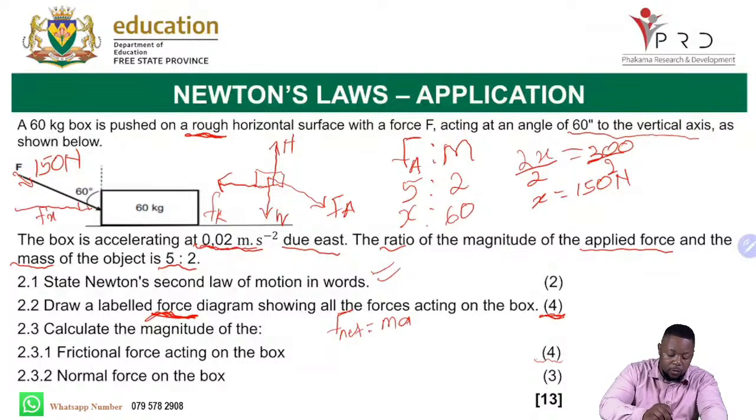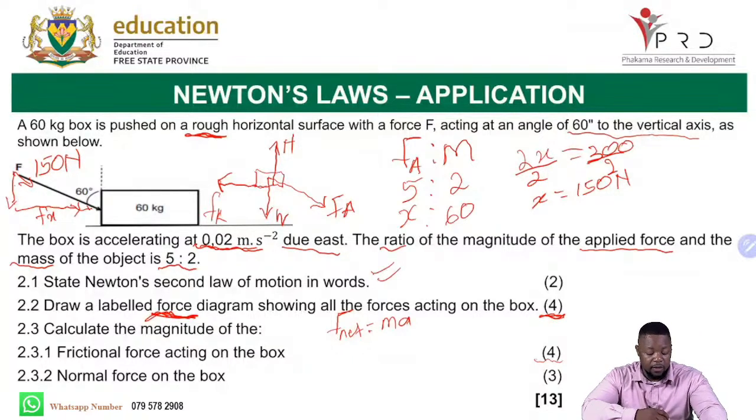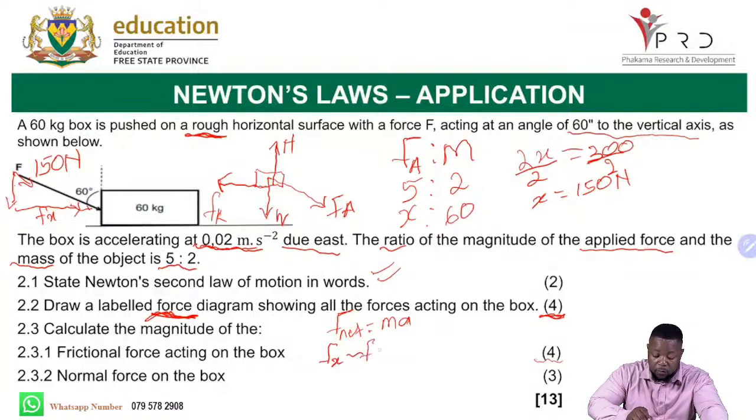The horizontal component is Fx, and Fx is the one that causes this block to move horizontally. So when we substitute, we say Fx minus Fk equals ma, because the frictional force is going in the opposite direction. The frictional force is opposing motion.